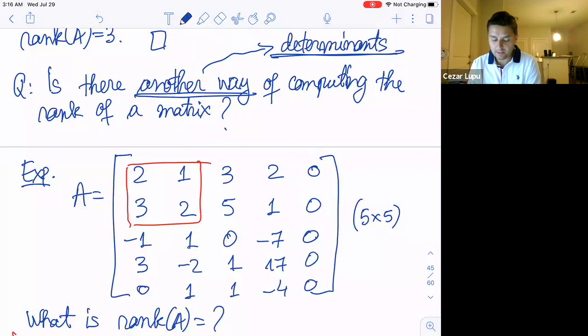As you can see, this matrix has something in particular. If you look at the last column, it consists only of zeros. So I want to find the rank of A.